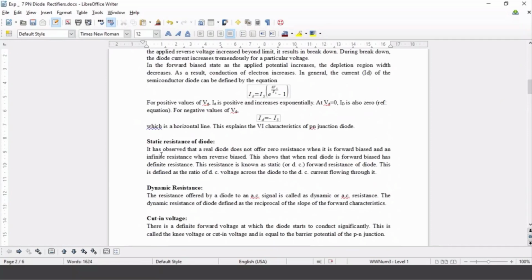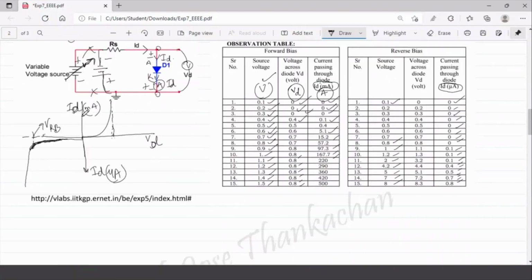So what is static resistance? The resistance which is offered in the forward biased mode we call the DC forward resistance. It is the ratio of the DC voltage across the diode to the DC current flowing through it. We call that the static resistance of the diode. And how will you get this? Your curve here is between ID versus VD.